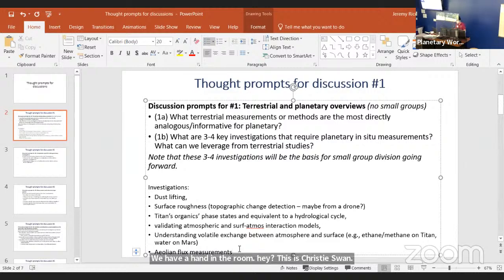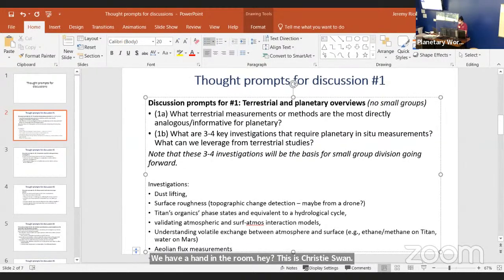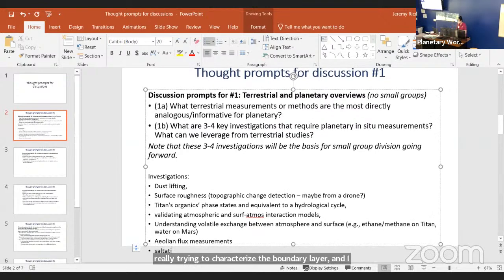So one thing that we've been talking about for, I feel like a number of years at this point, is really trying to characterize the boundary layer. And I think that ties into what Alejandro is saying, but without understanding what those dynamics are, and if the law of the wall actually holds true when you have such strong convection because of the temperature differences, I think we really need more than one anemometer.